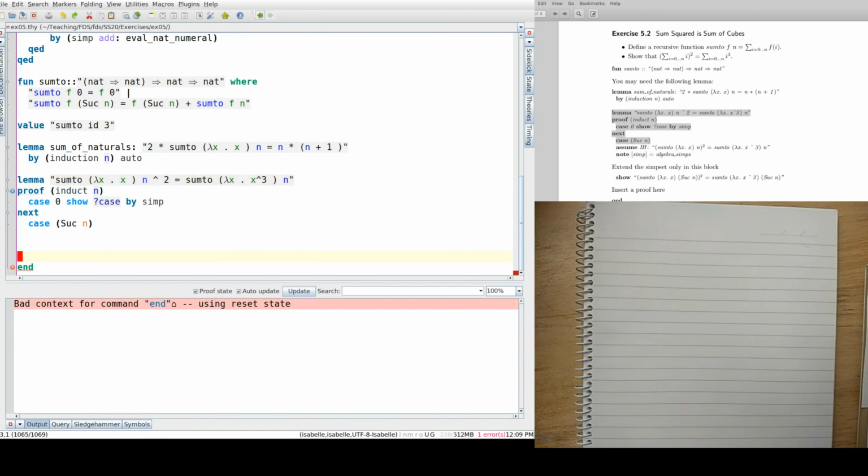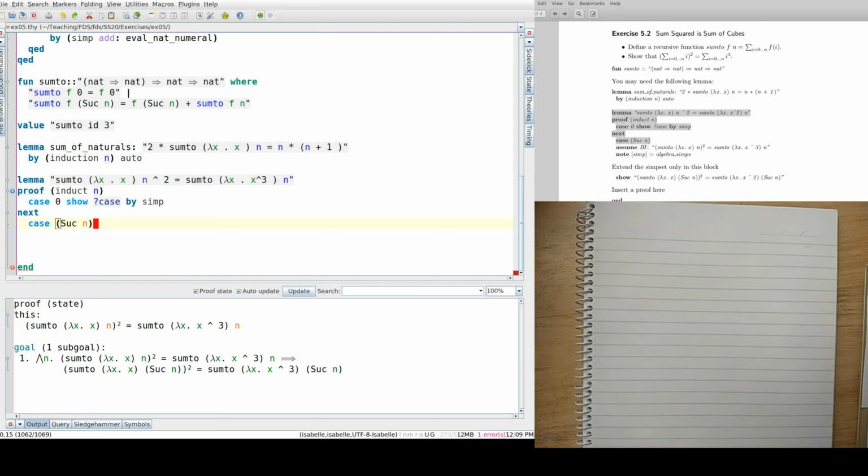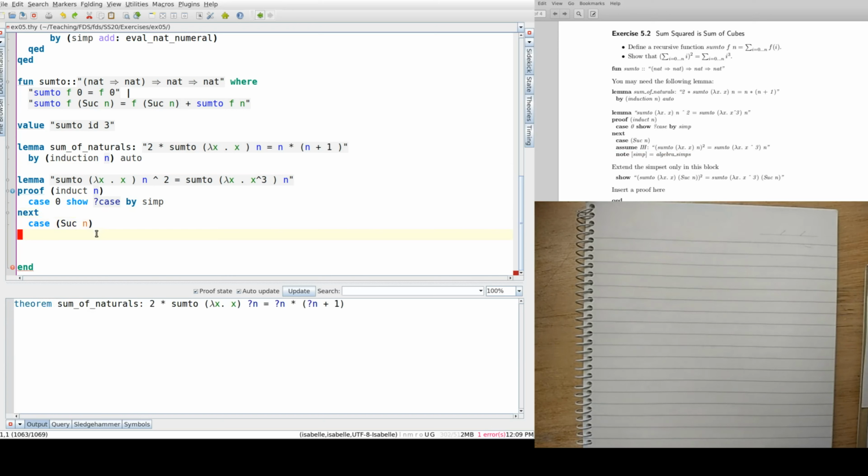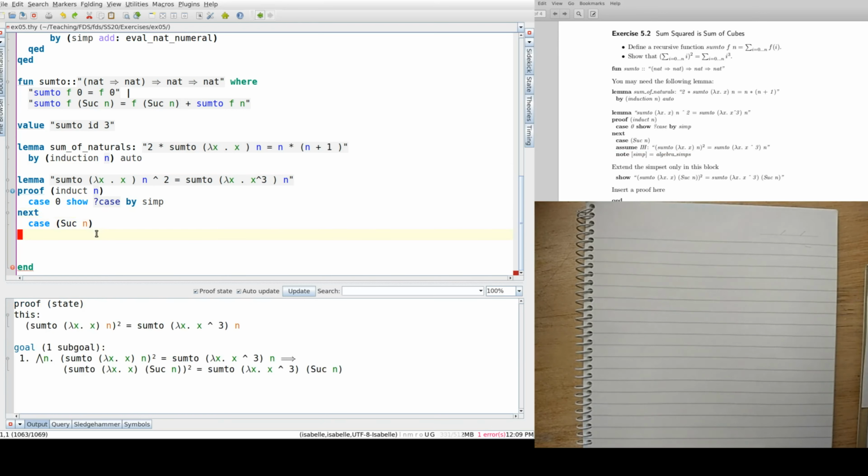You press Control I to do the automatic indentation, okay? So by induction, and now it's in. Let me do the proof on the paper first, and then we can go back to Isabelle.